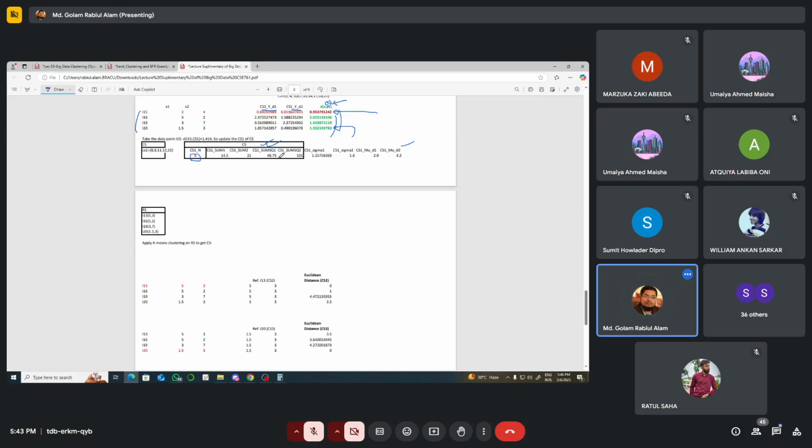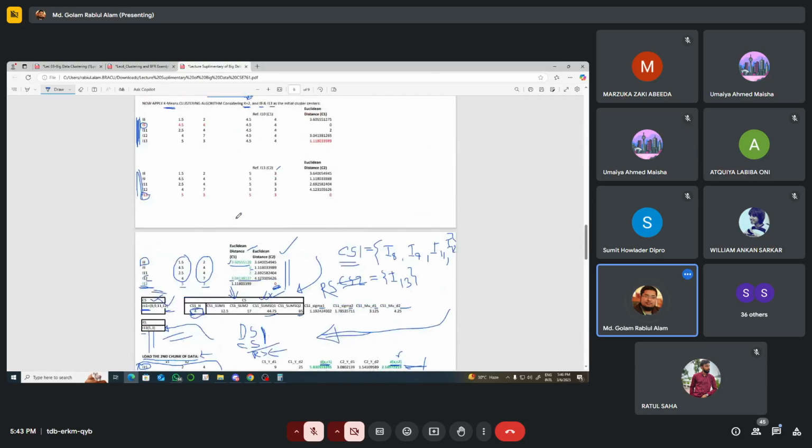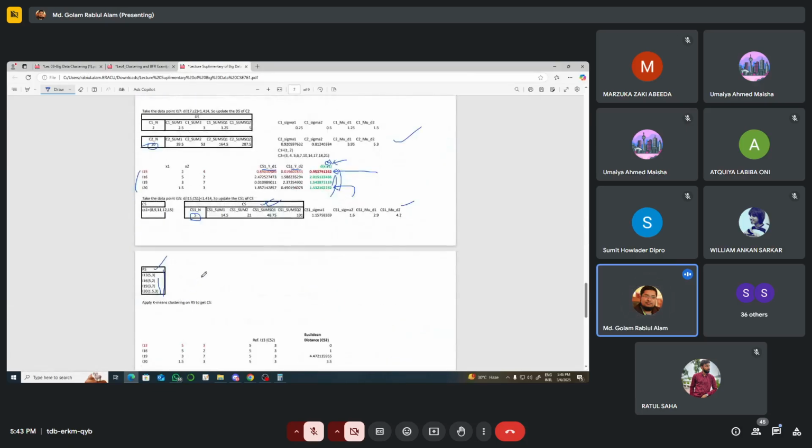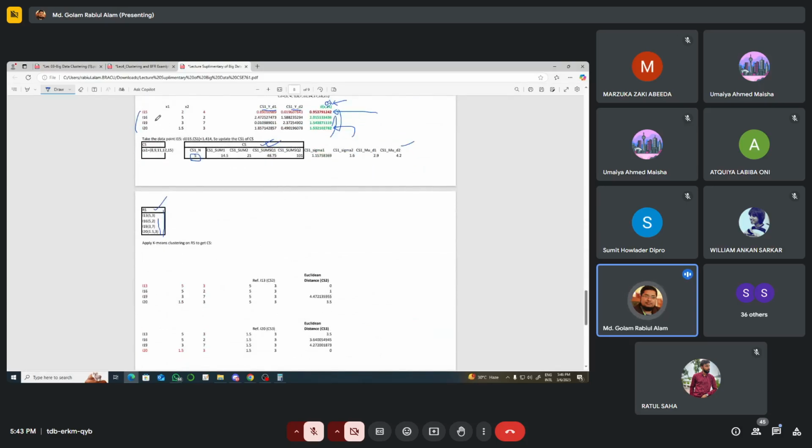So that means these 3 elements we have to place in our RS. Previously we had 1 element in the RS, just I13, but now we add 3 new elements here in RS.